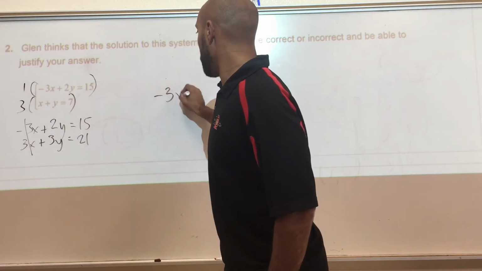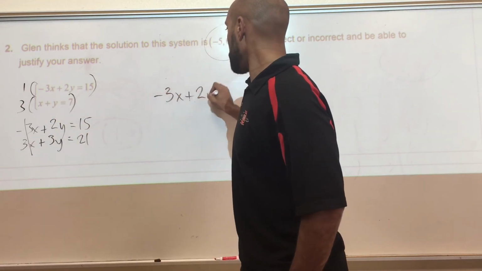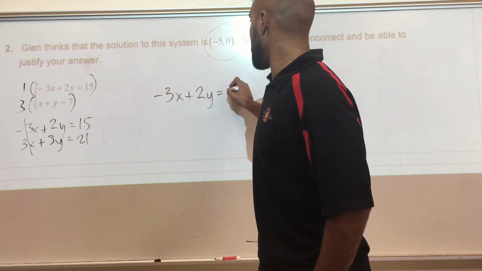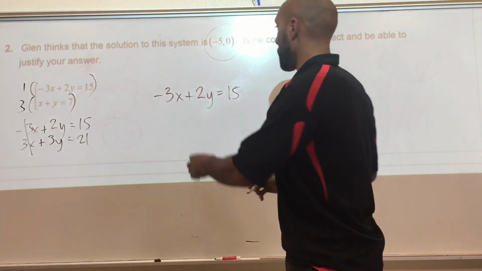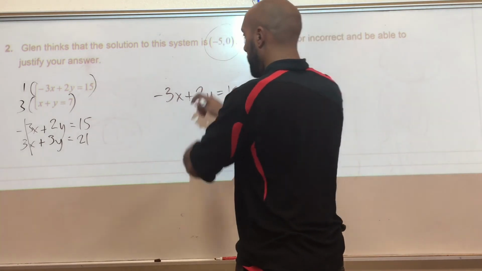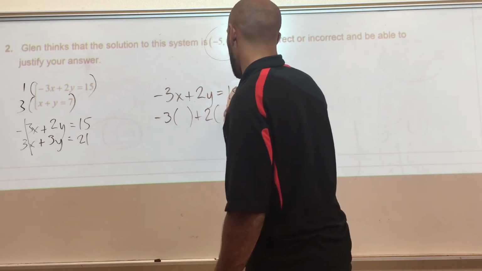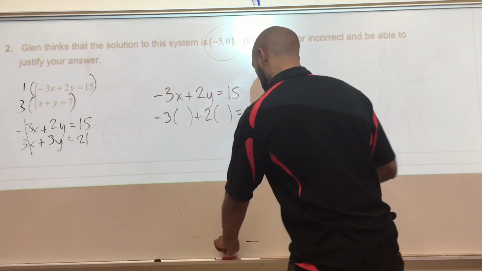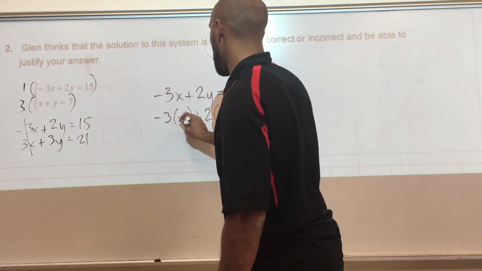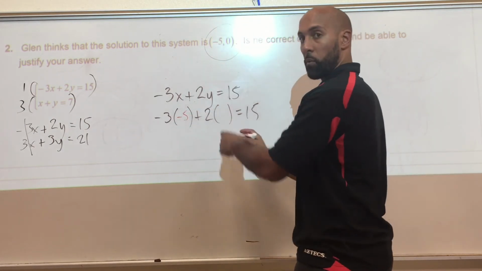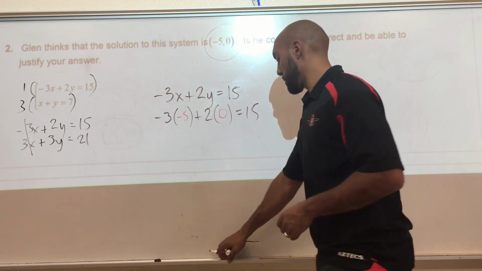So I'll take the first one, negative 3x plus 2y equals 15. And wherever there's x, I'm going to put negative 5. So negative 5 goes here, and then 0 goes here for y. Okay?